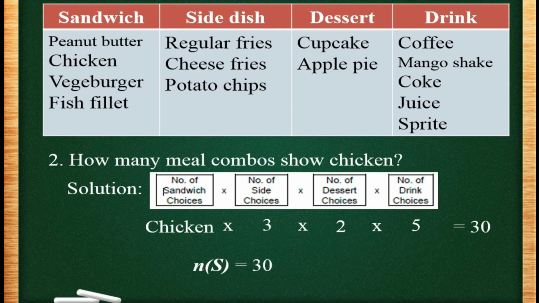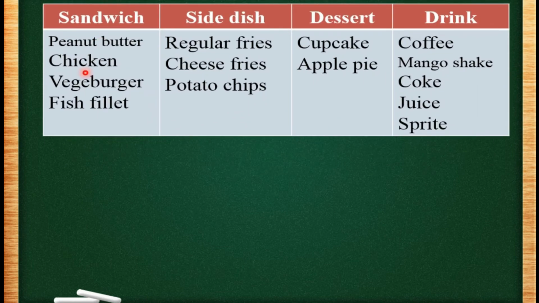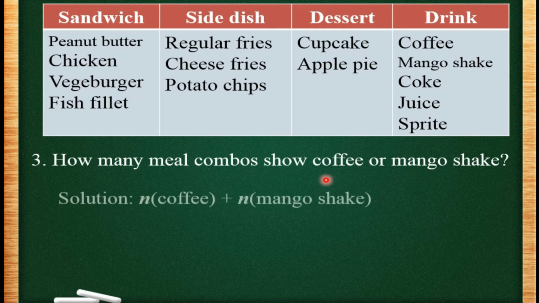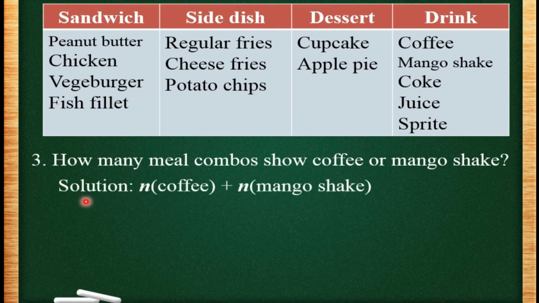Using the same given, as in the previous exam questions. How many meal combos show coffee or mango shake? To solve, you get the N of coffee plus the N of mango shake.